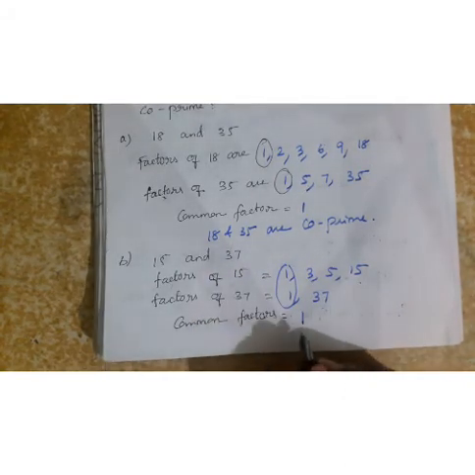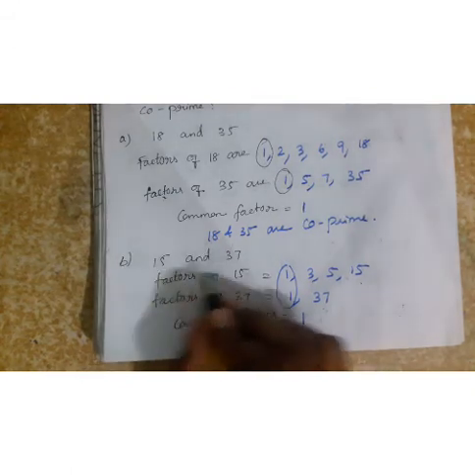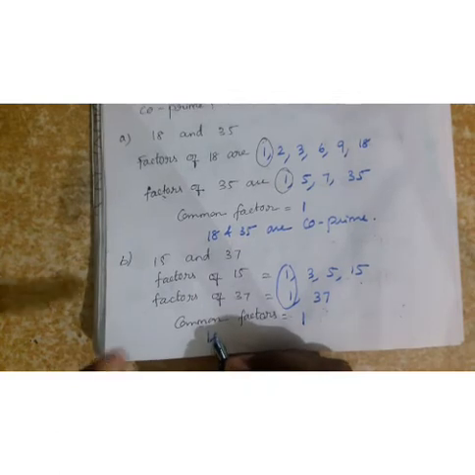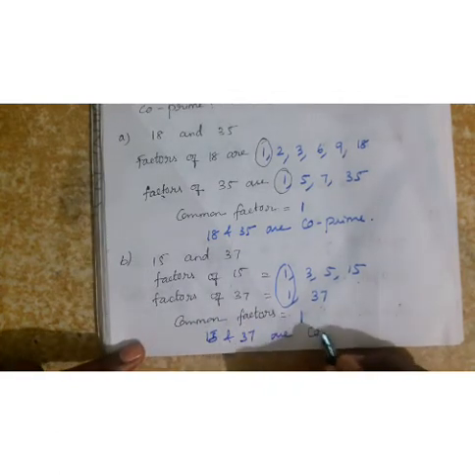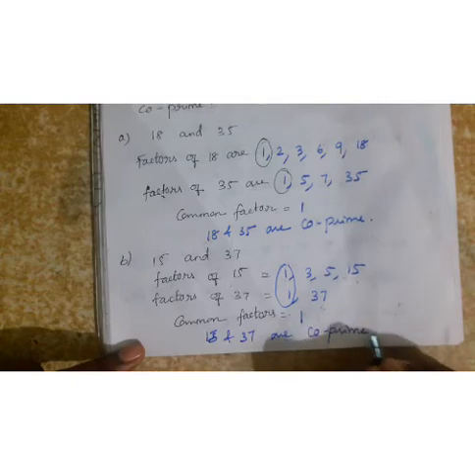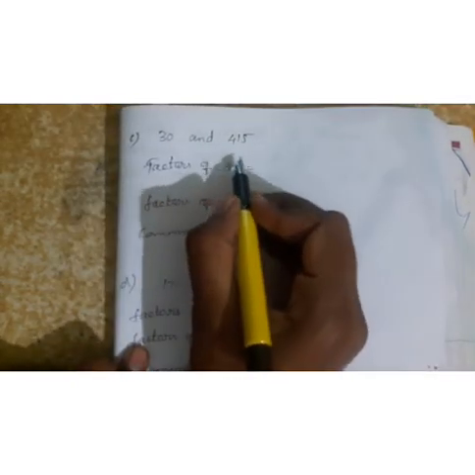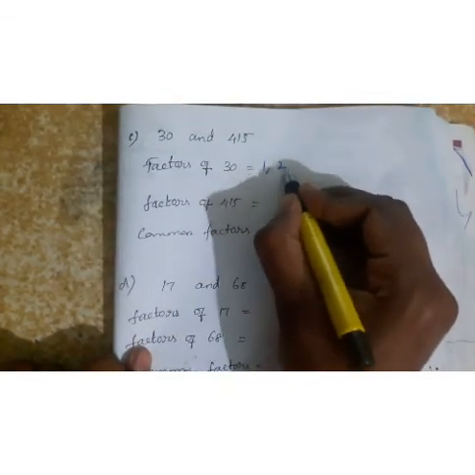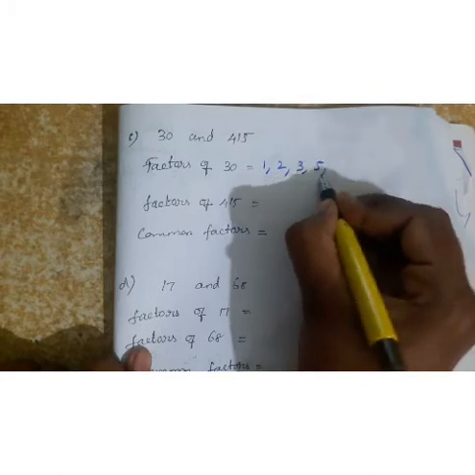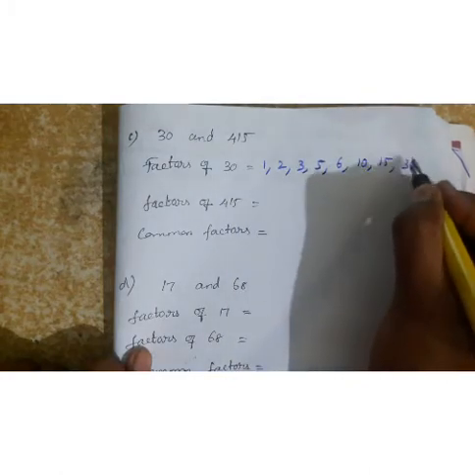Since the common factor is 1, hence the given two numbers 15 and 37 are co-prime. C part, 30 and 415. Factors of 30 equal to 1, 2, 3, 5, 6, 10, 15, 30.